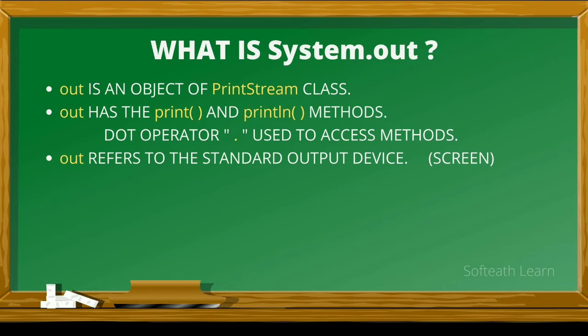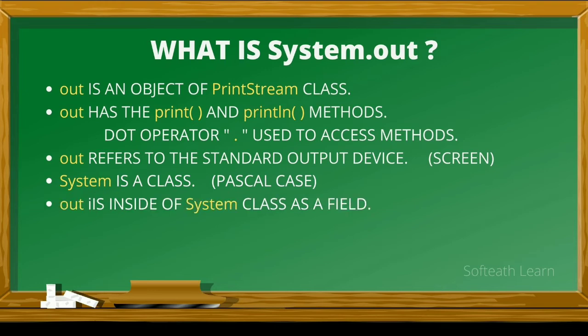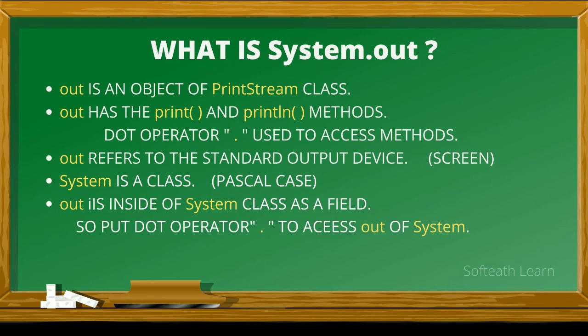Now let's talk about the System class. First of all, note that it is named according to the Pascal case convention, so we can conclude that it is a class. Now look at the out over here. It is named according to the camel case convention. The first letter is a small letter, so this is a variable or field. We will talk about it later on. Here out is inside the System class, so it is a field of the System class. So in order to access out of System, we will use the dot operator.